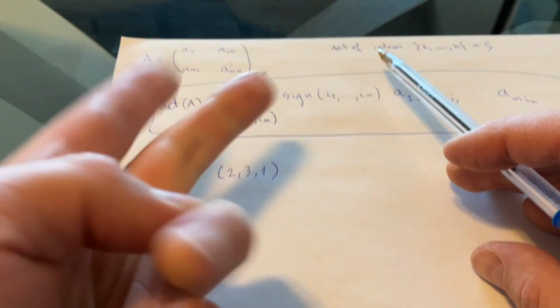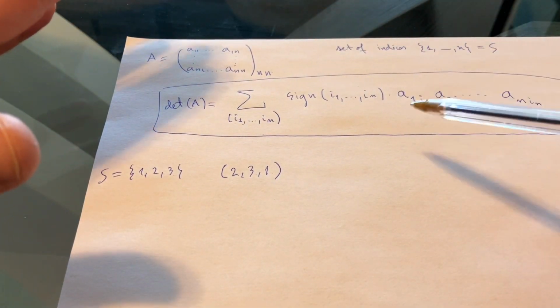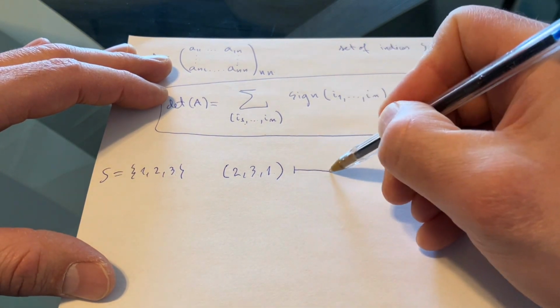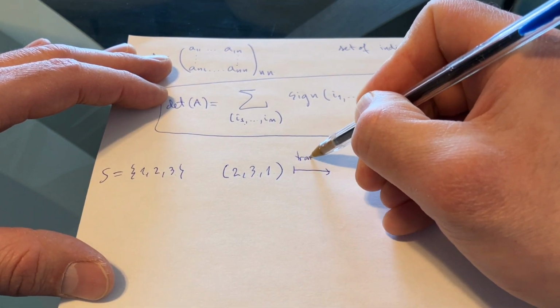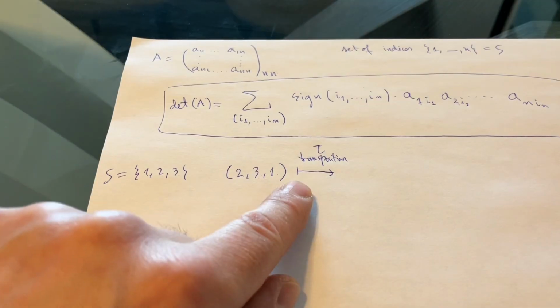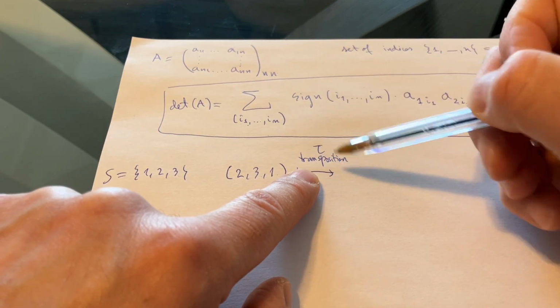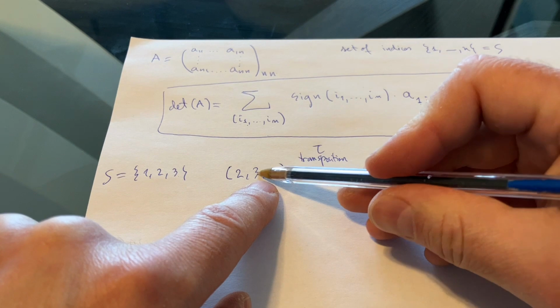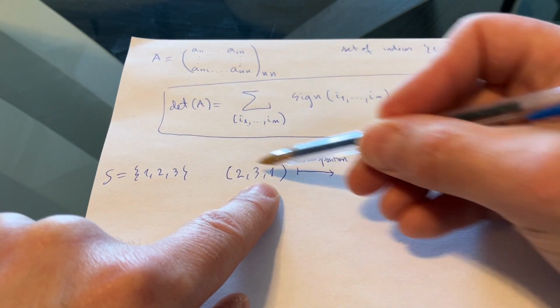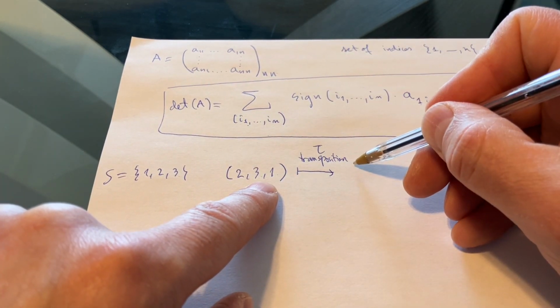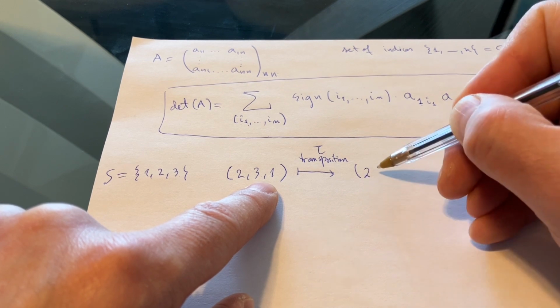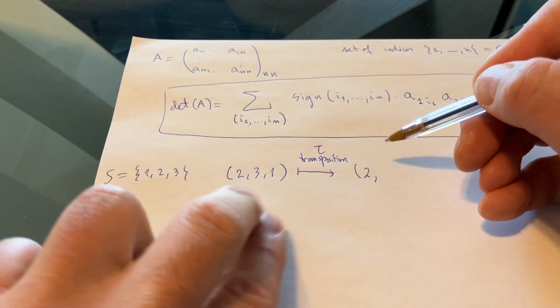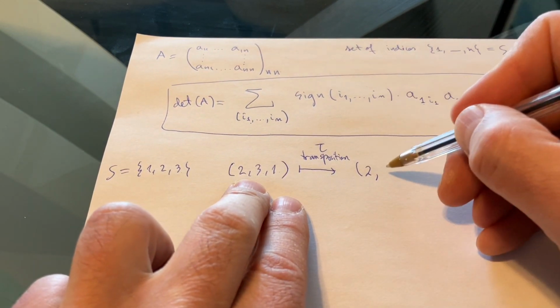So we're going to flip 3 and 1. That operation is called a transposition. So let's denote a transposition by tau. We're going to apply tau to 3 and 1 because I want to pull the 1 to the front. The first transposition will leave 2 fixed, but it'll swap 3 and 1.